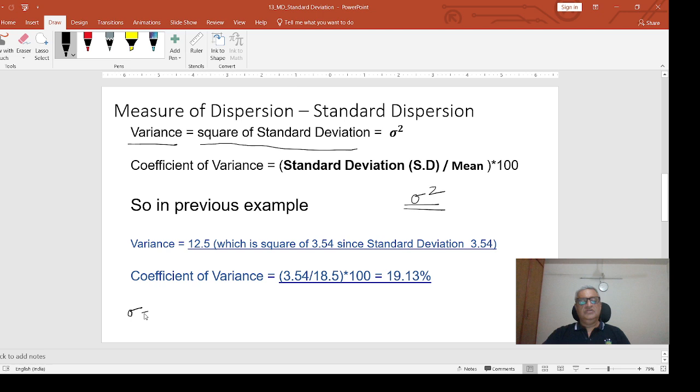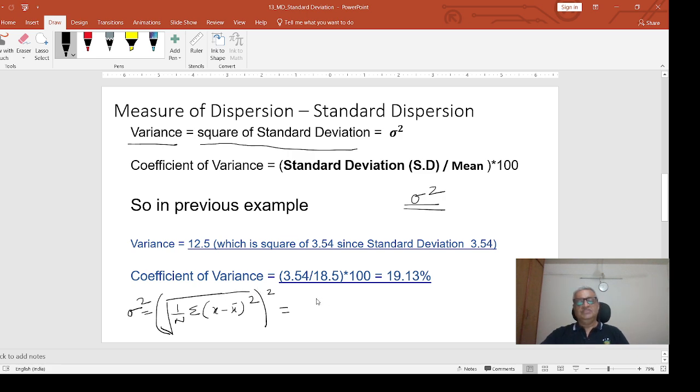My sigma was the square root of 1 by n sigma (x minus x bar) square. So if I do sigma square, this will be this particular equation square.